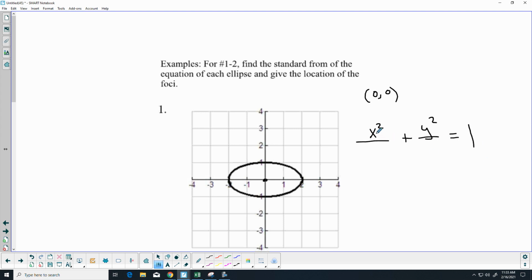And if I wanted to, I could have put x minus 0, y minus 0 quantity squared, but there's really no reason to. I'm going to find my a value. So here, I'm going right 2. So 2 squared. I could have also thought of it as left 2. And then I'm going to go up 1 or down 1, so that would just be 1 squared.